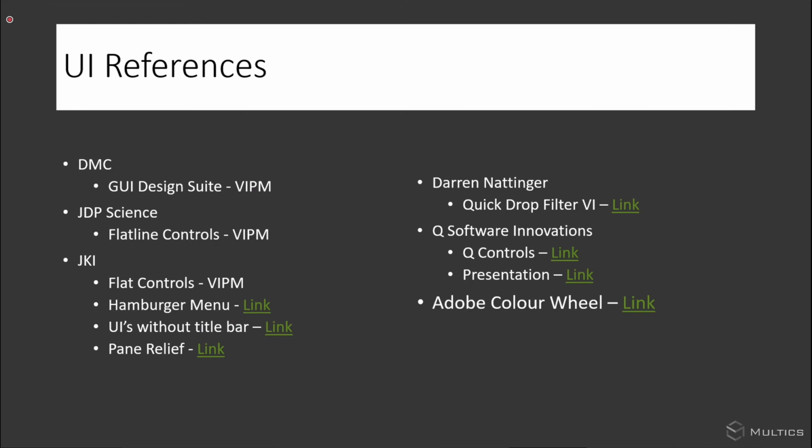I like to make sure that when my customer uses a UI, it's useful for them to use. And so if you are interested in user experience and things like that, Q controls are a really good way to do this. X controls, in my experience, have been really, really difficult to work with. And also Adobe Color Wheel, it allows you to choose different colors based on them. So you can have complementary colors and things like that.